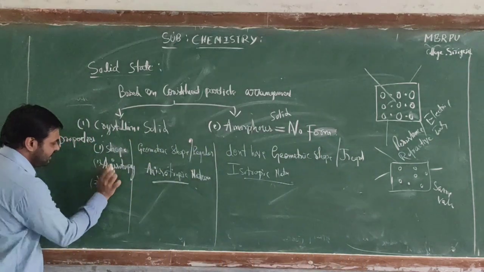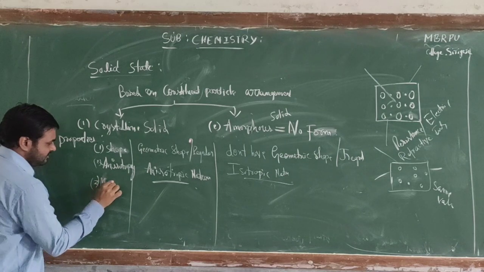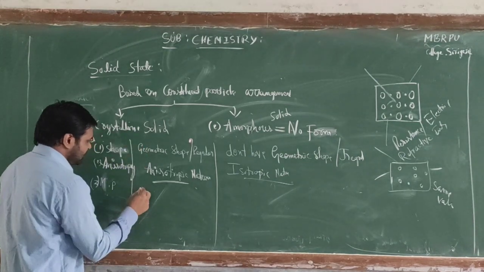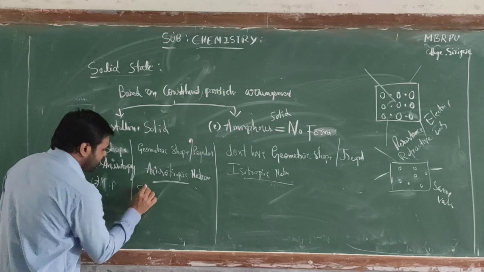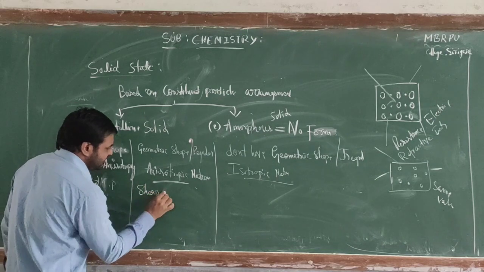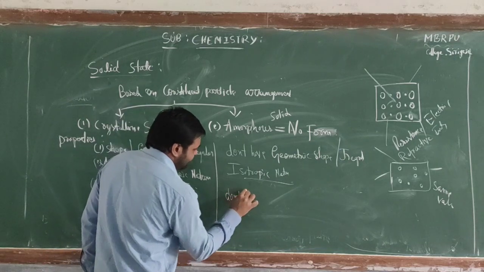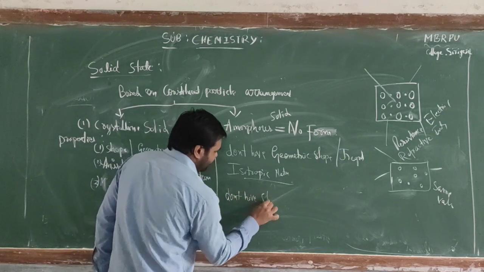This is the melting point. Crystalline solids have a sharp melting point; amorphous solids don't have a sharp melting point.